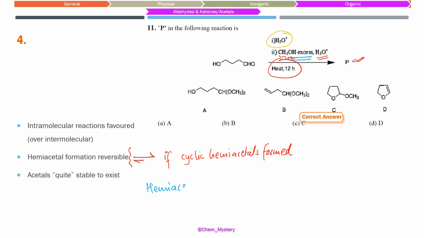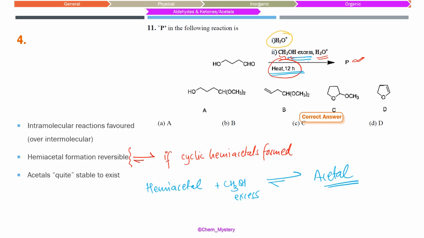We have taken hemiacetal and CH3OH in excess. We want to drive this equilibrium in the forward direction to convert this into acetal. And you can see here we need heat and we need to wait for a pretty long time to get a good enough concentration of the compound being formed.